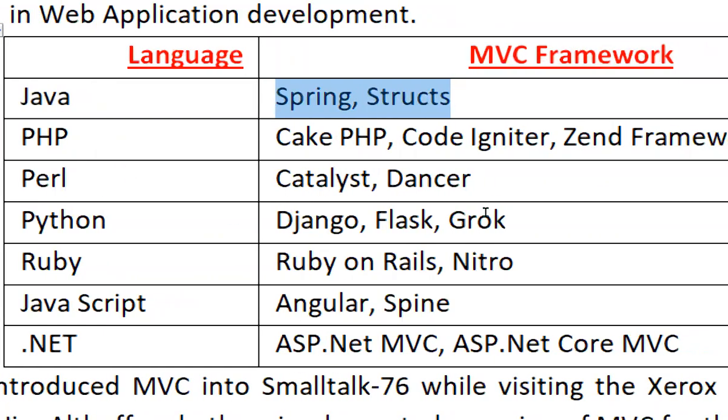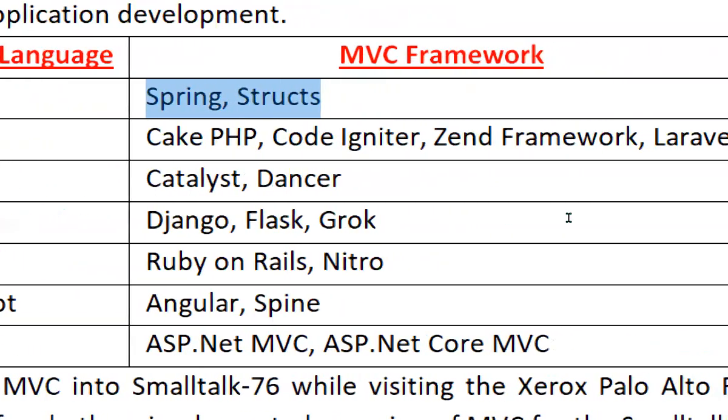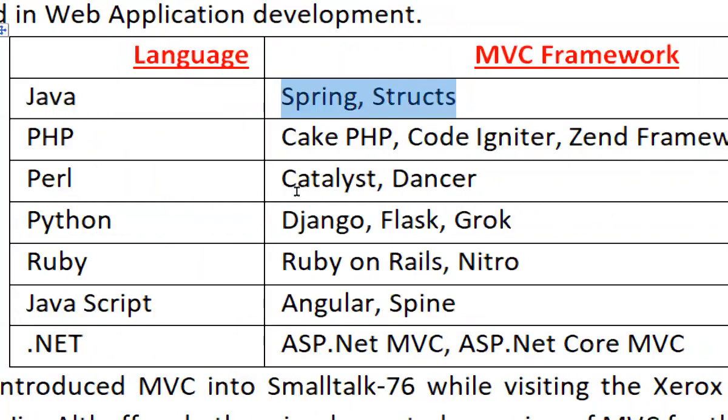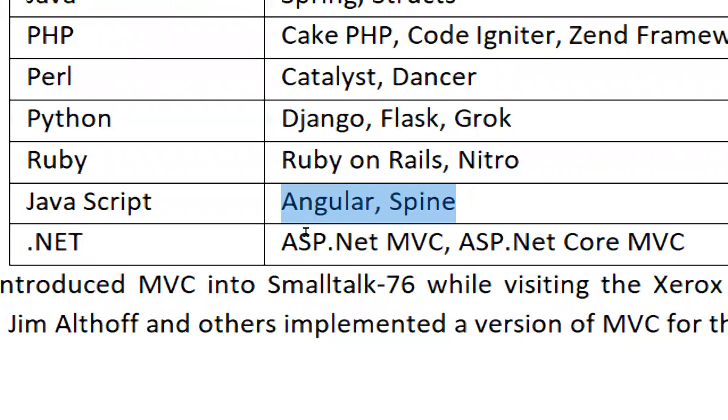PHP has Cake PHP, CodeIgniter, Zend Framework, and Laravel. Perl has Catalyst and Dancer. Python has Django, Flask, and Grok. Ruby has Ruby on Rails and Nitro. JavaScript has Spine. And .NET has ASP.NET MVC and ASP.NET Core.